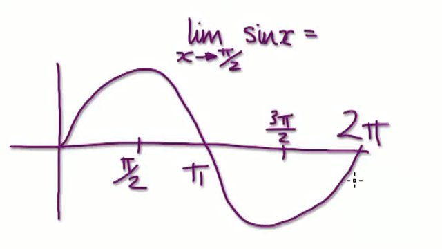So here, let's say you've got a function f of x equals sine of x. The limit of sine of x as x heads towards pi over 2. Pi over 2 is right here.